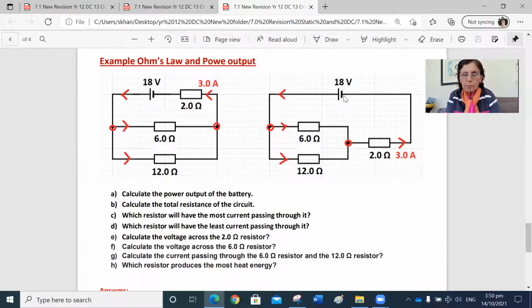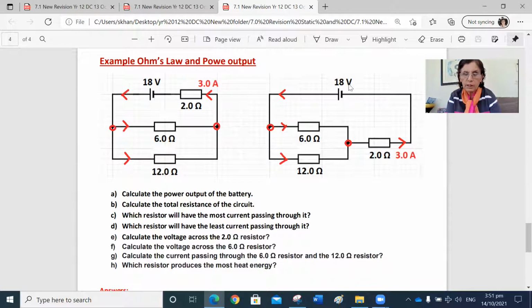Now remember, in a circuit, the voltage provided by a battery is shared by the resistors in the circuit. So if this one is using 6, that means these 2 together will be using 12. So 18 volt is the gain of electrical potential energy supplied per second.